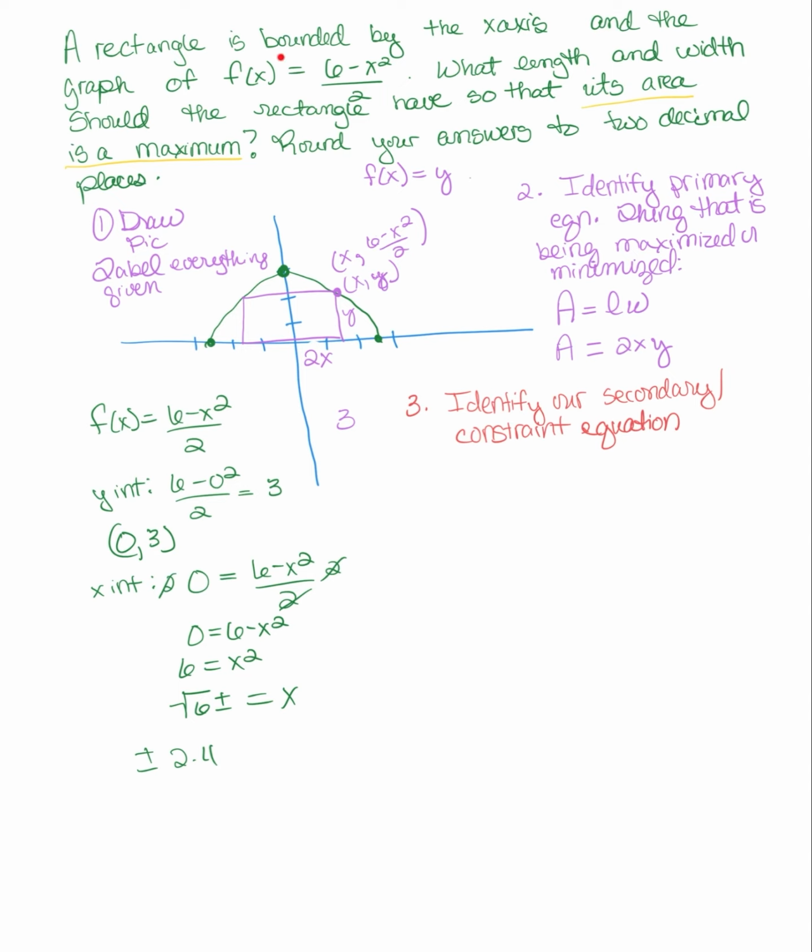Well, this one's really nice because we don't have to figure it out like with surface area or perimeter. It's just given to us. This is our secondary equation. So let's write that down. F of x equals 6 minus x squared divided by 2. But remember, we said that f of x is the same thing as y. So we're already solved for our other variable.